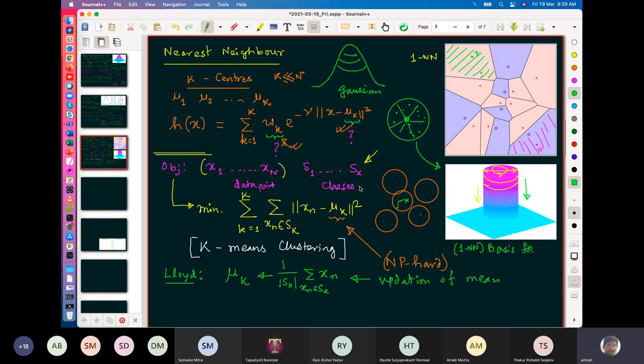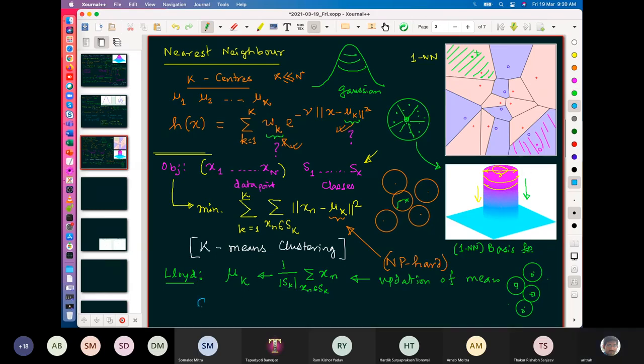So you start with any arbitrary k number of points. All the other points, you try to make a cluster with all the nearby points. Then adjust the mean a little. Adjustment of the mean means all the points participating in the cluster divided by the cluster size is your mean. That's how you update. This is your update rule.